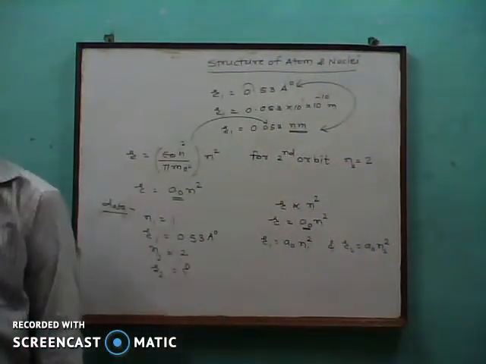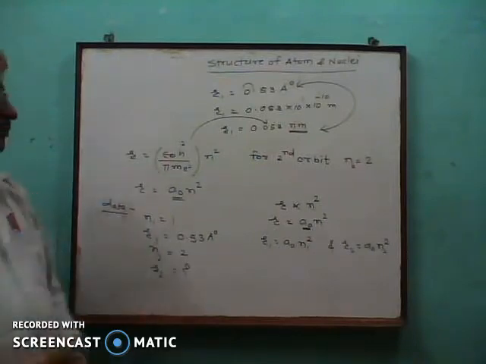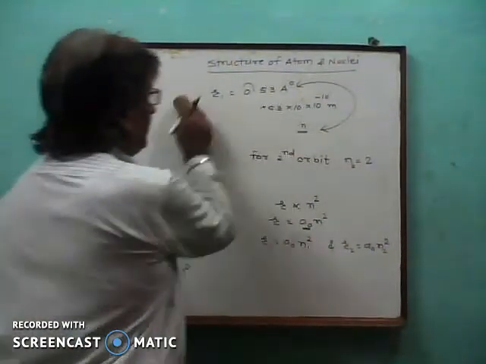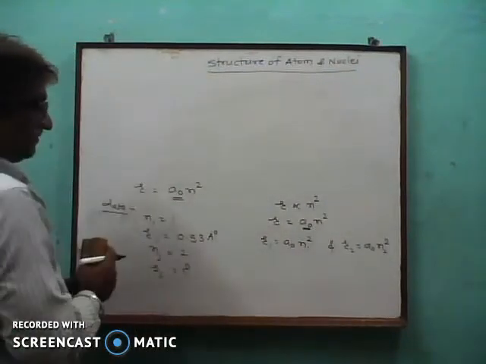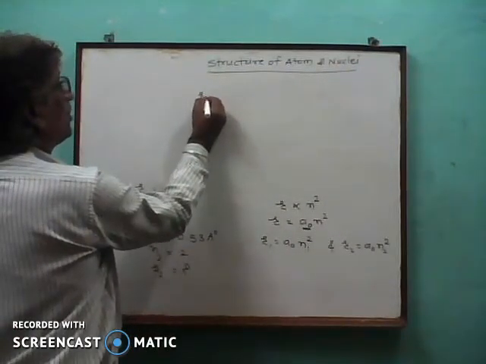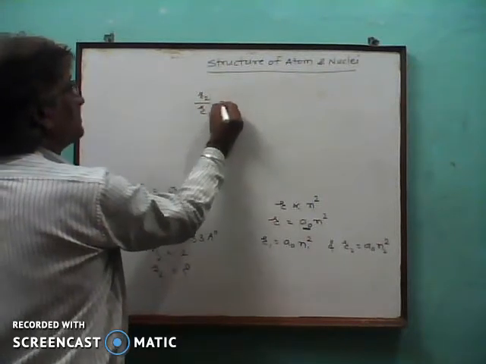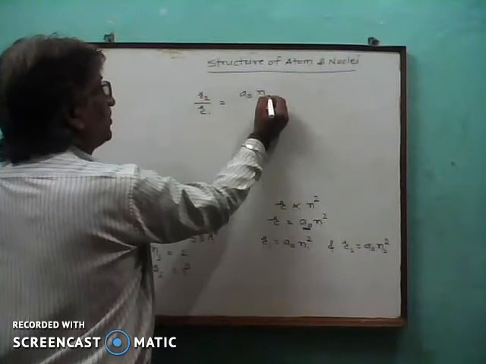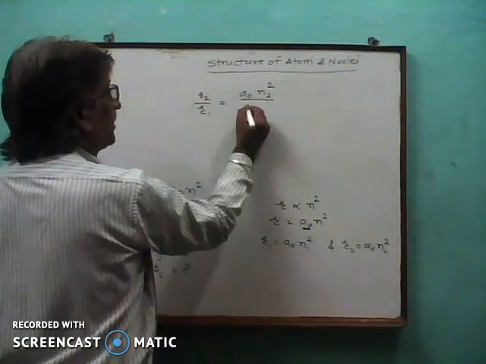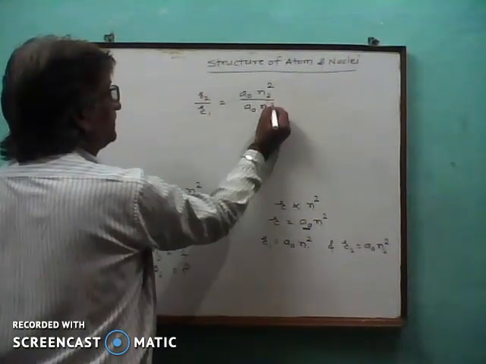If we divide both equations, r2 upon r1 is equal to a0 n2 square upon a0 n1 square.